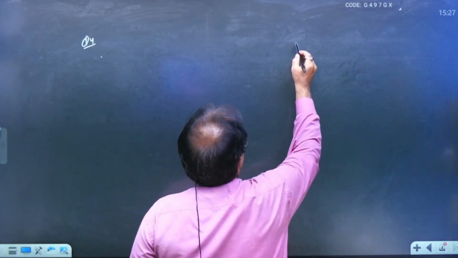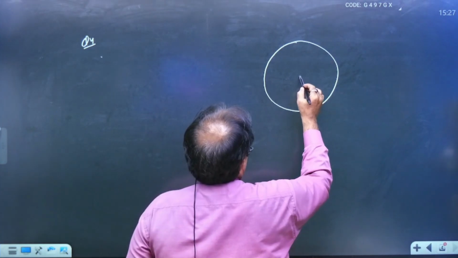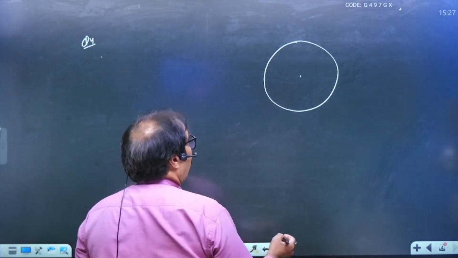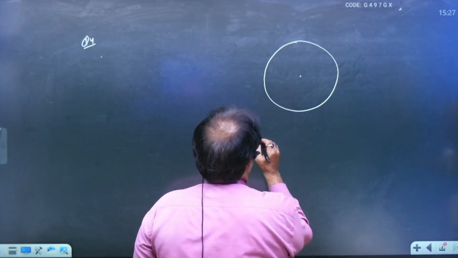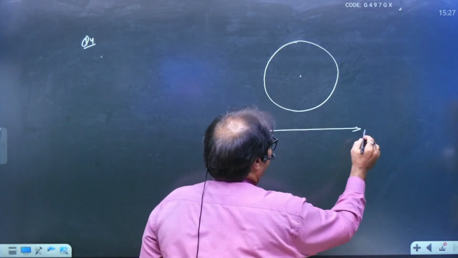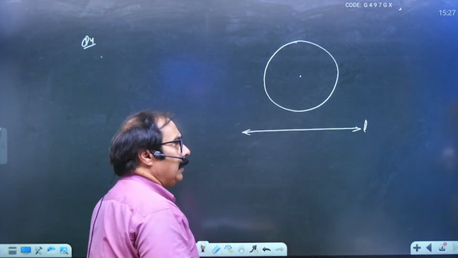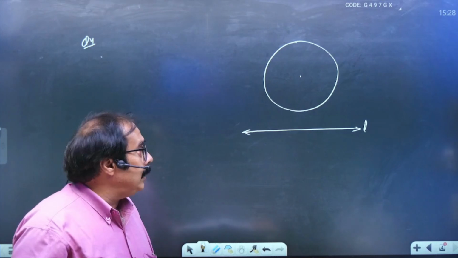That is a case of construction, but anyhow, let me explain. Suppose this is a circle and a line is given. With this given line, we have to draw one tangent and another one a secant.